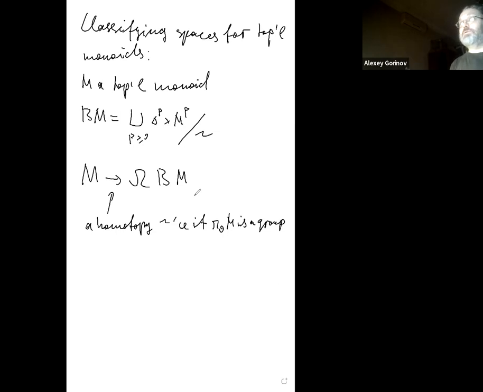Of course, there's the problem with the multiplication on omega, which is not associative on the nose, and on the other hand, for M, the multiplication is associative on the nose.